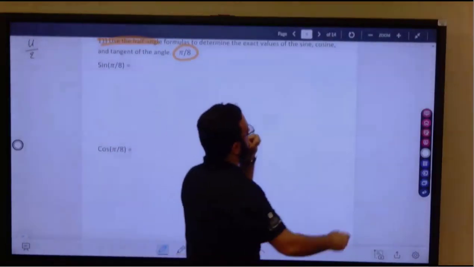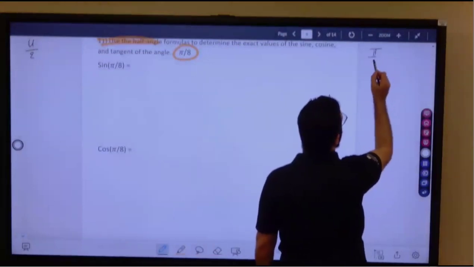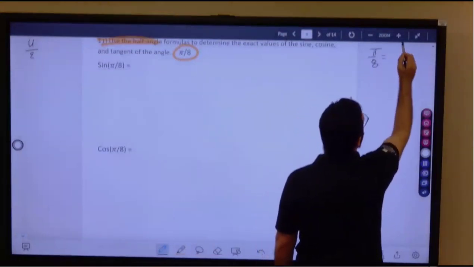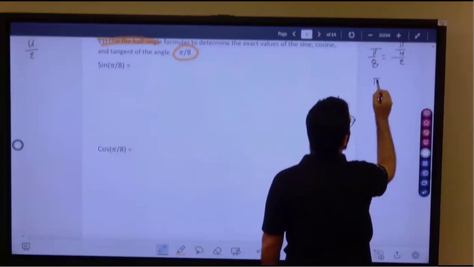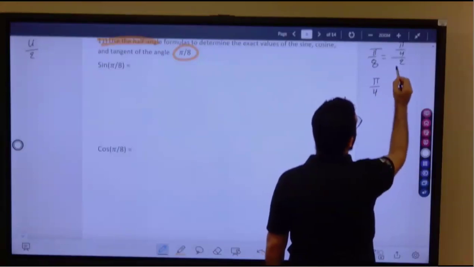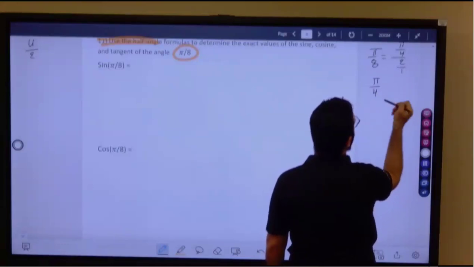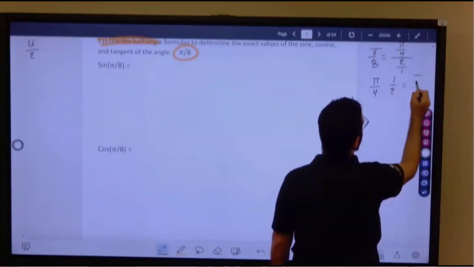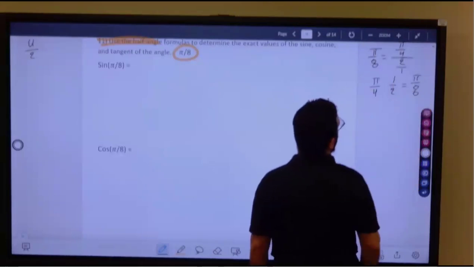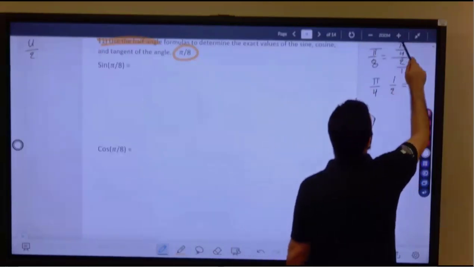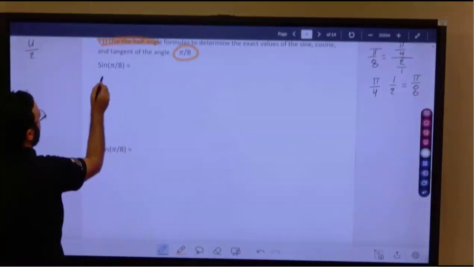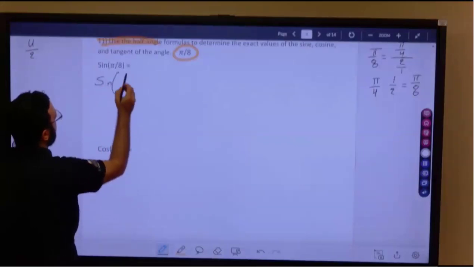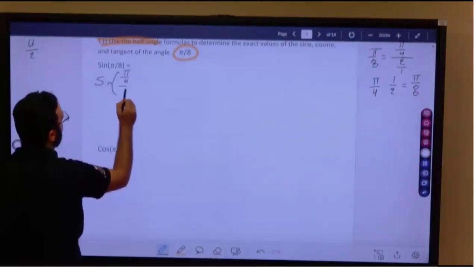And let's do it here on the side. I can say pi over 8 is the same thing as pi over 4 divided by 2. Because if you say pi over 4 times, I can write down this over 1, and flip it, division to multiplication, that's going to be 1 over 2. And the result is going to be pi over 8. That means sine pi over 8 is the same thing as sine of pi over 4 divided by 2.